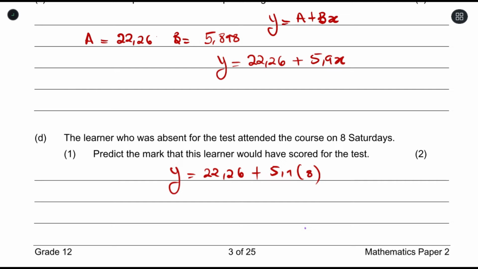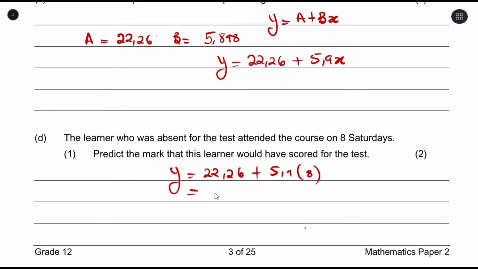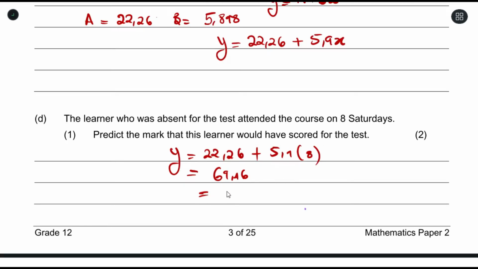Then we substitute 8. Let's put this in our calculator. 22.26 plus 5.9 times 8. Now we have this answer as 69.46, which can just be approximated as 69%.